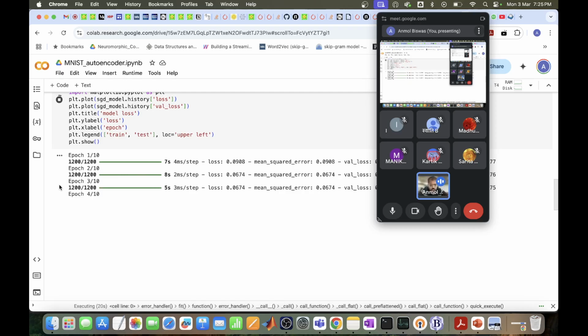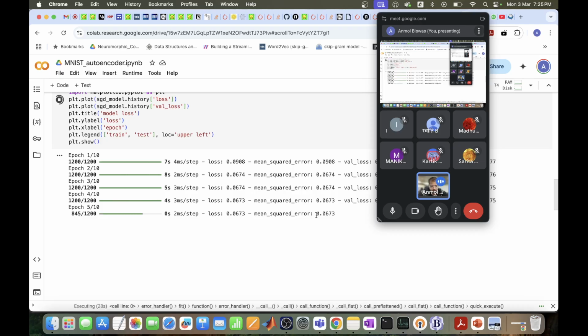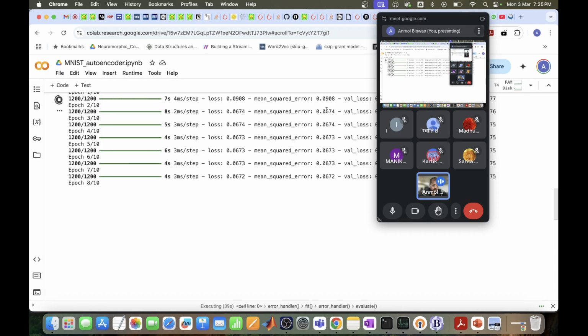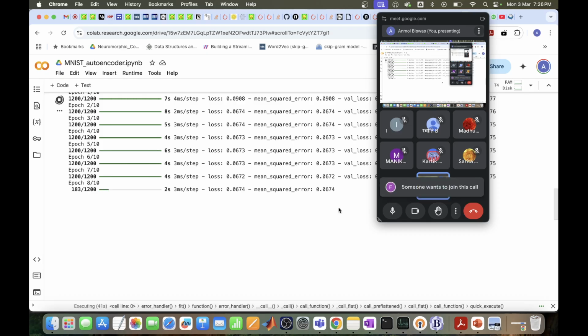And nothing seems to have changed much. We are still stuck at this 0.067 error value, which means I don't even need to see the output. I can estimate based on what I'm seeing here that it's not going to be very good.